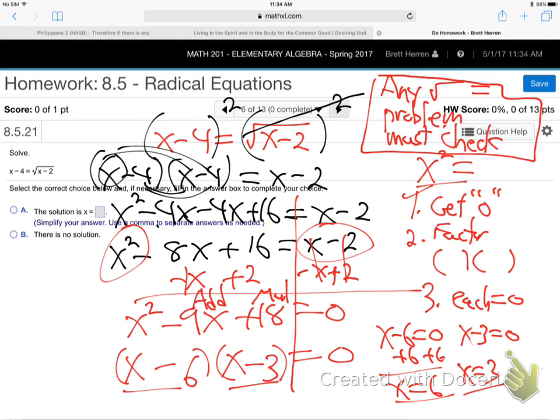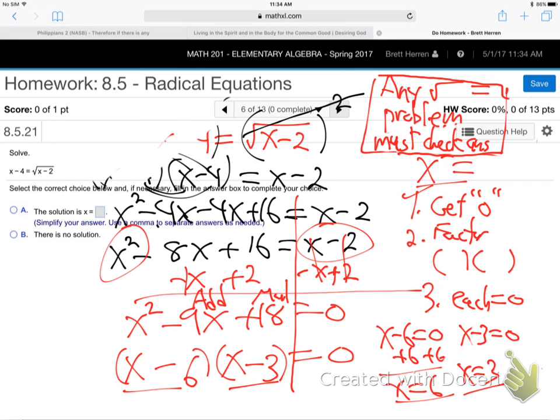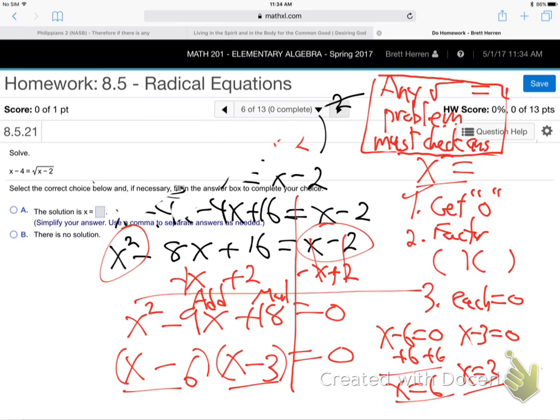Any square root with an equals, you must check your answers. Okay, so that means I got to go back and check my answer. Both answers.